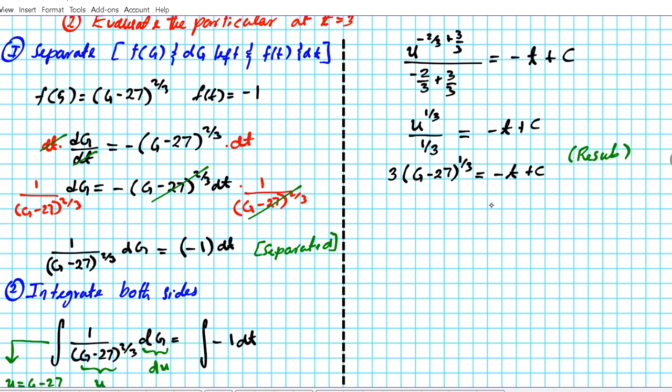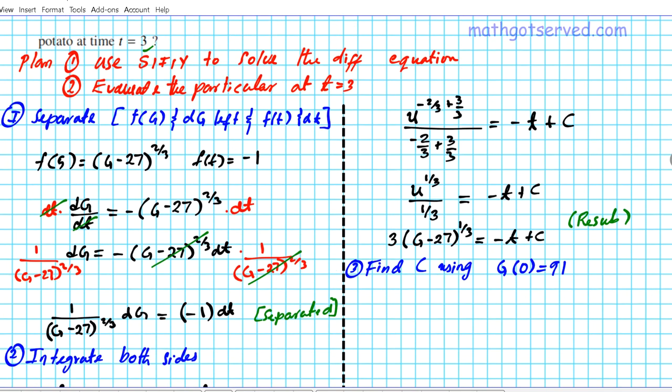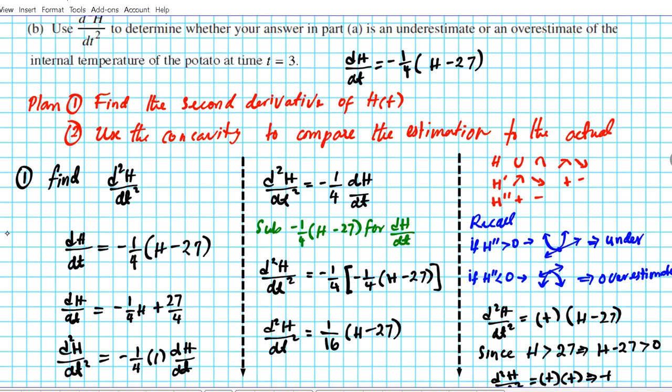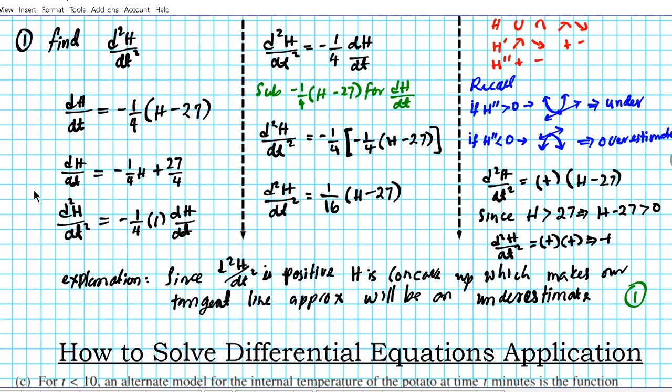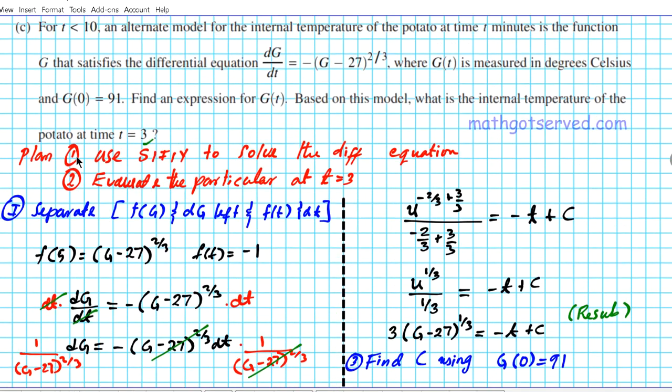Okay, so we're going to resub right here, and now we're going to advance to part 3 in sci-fi, which is to find c. You find c using the initial condition, which is g of 0 equals 91. That was provided to us here.